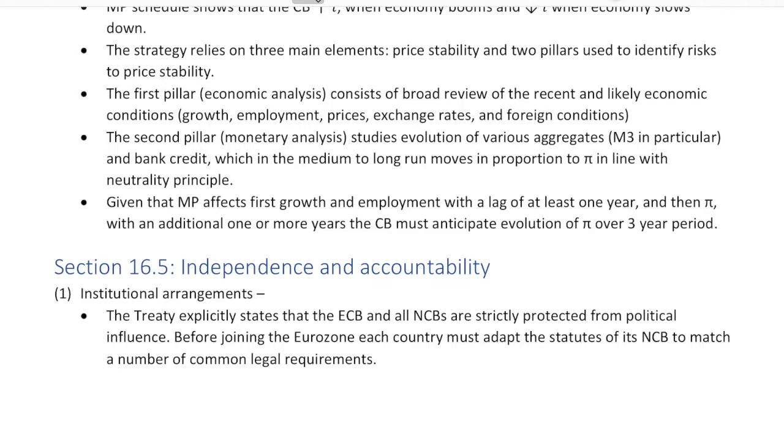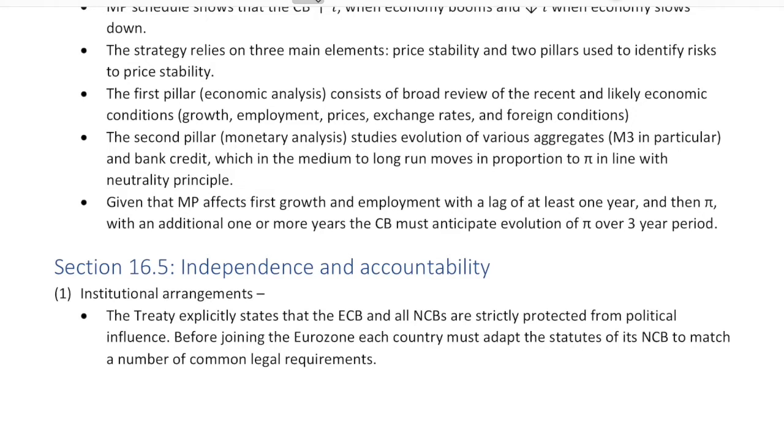Okay, so let's go back to the discussion on independence and accountability. If you notice, now we are going from the philosophical components of the European Central Bank to the inner workings of the European Central Bank.